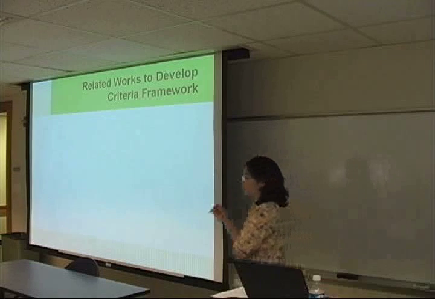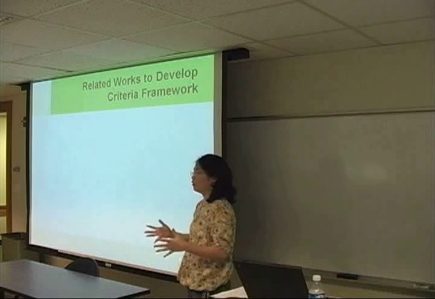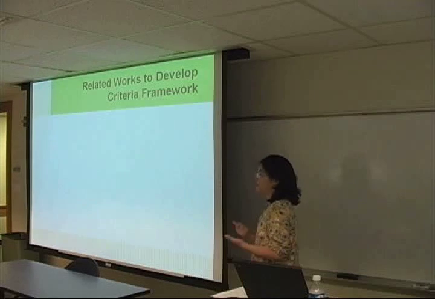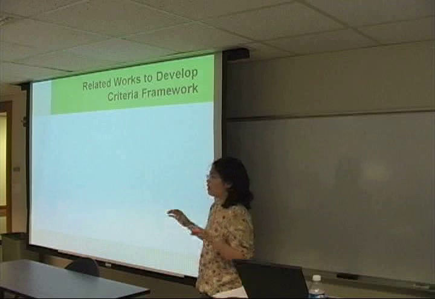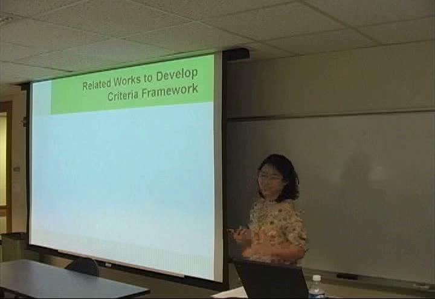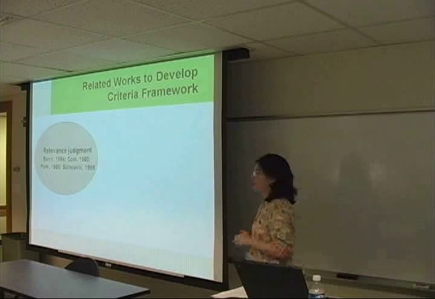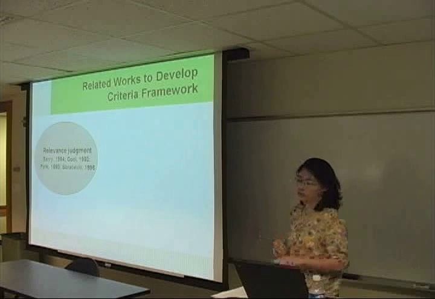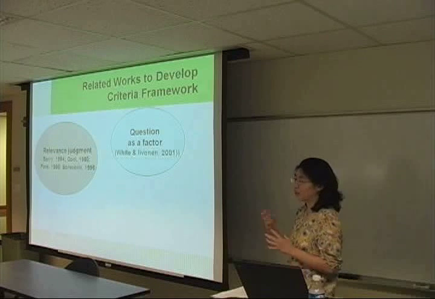Before we had the list of comments and wanted to develop our relevance criteria from it, we wanted to know how to start. So we did a literature review of how relevance criteria exist in the world and how we can apply those frameworks to our context. Of course, there is relevance judgment, the big, high-level papers that we reviewed, and we also saw the white paper question as a factor.